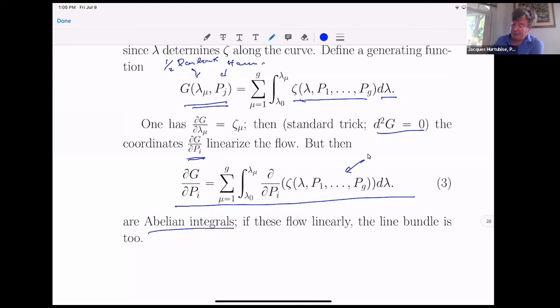For a given curve, you can write down the abelian integrals. This formula tells you what they are. And of course, if the flow of abelian integrals is linear, the corresponding line bundle is flowing linearly, because the abelian integrals give you the linear coordinates on the Jacobian.